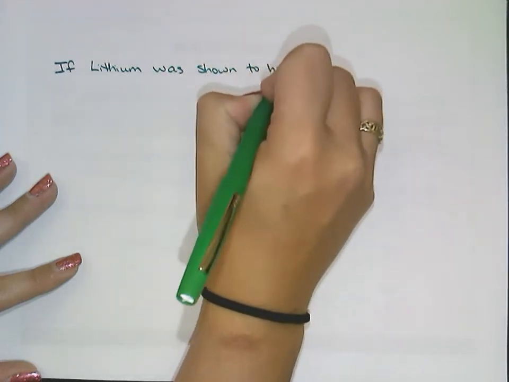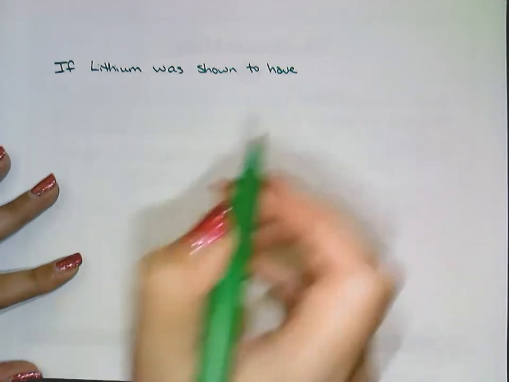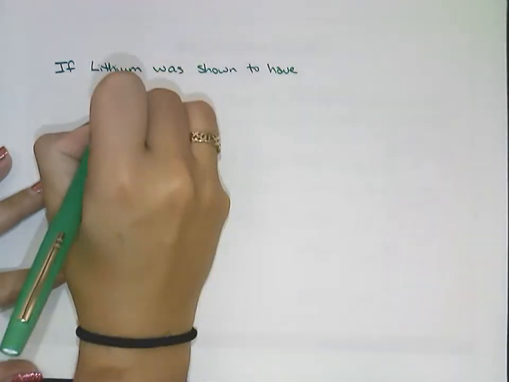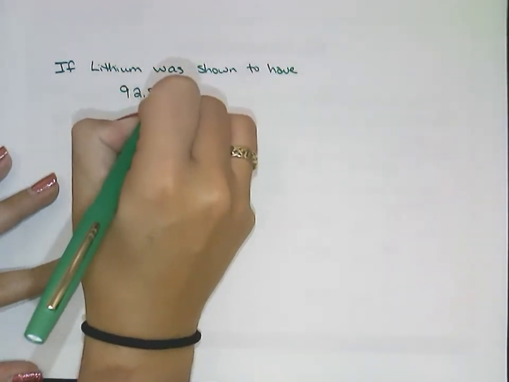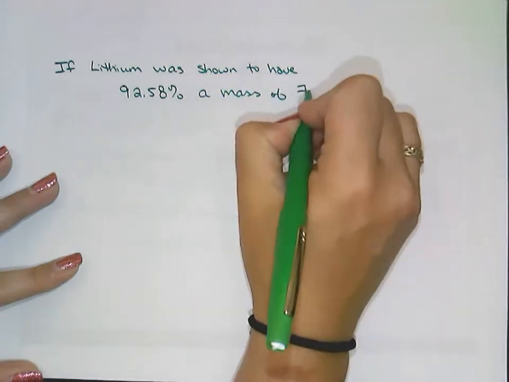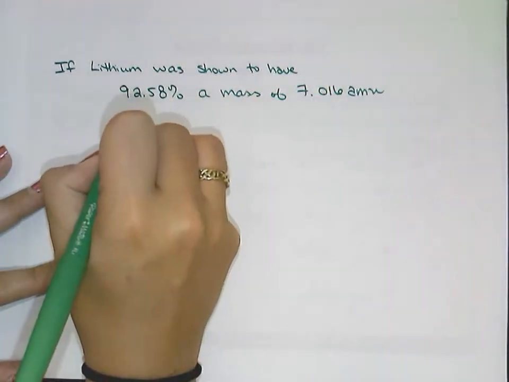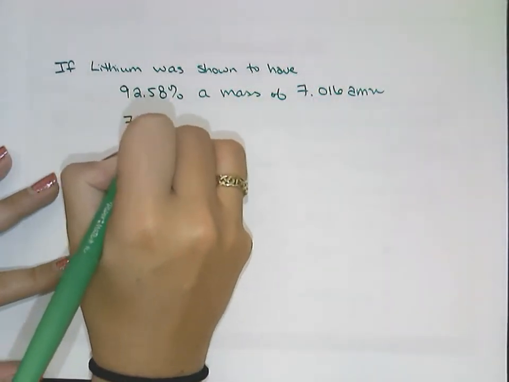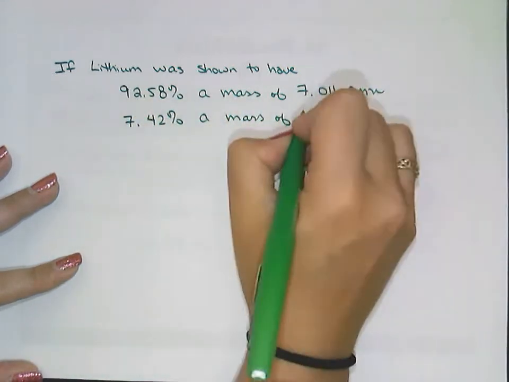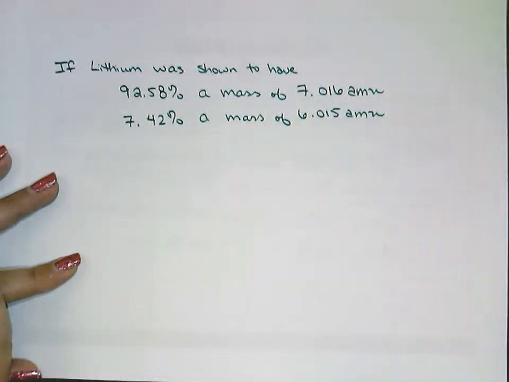All right, so let's say I'm looking at lithium. And let's say if lithium was shown to have 92.58% of the time a mass of 7.016 and 7.42% of the time 6.015 atomic mass units.